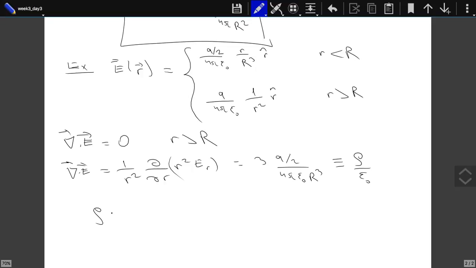So we see that there is a volume charge density inside my sphere. Outside it is 0. But inside, the volume charge density is just Q over 2 divided by 4 pi over 3 R cubed.